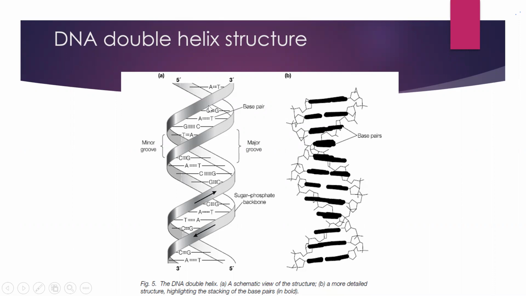So one base belongs to one strand, and it forms the hydrogen bond with the other base of the opposite strand. And while forming this base pairing also, there is always base pairing between a purine and a pyrimidine.